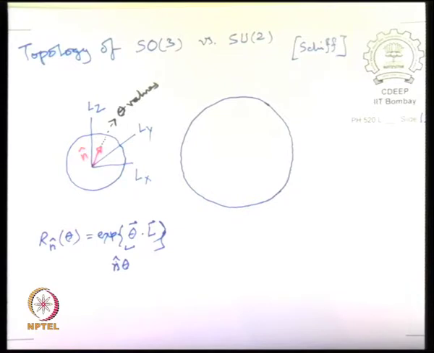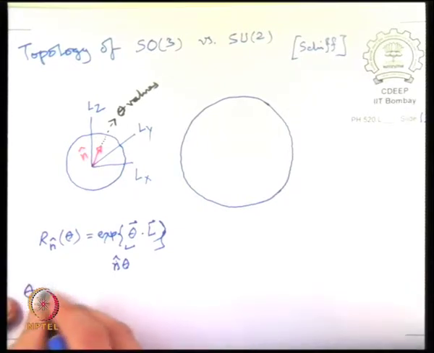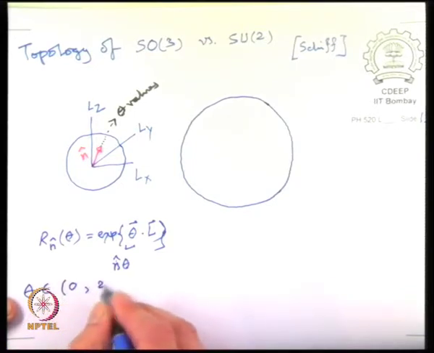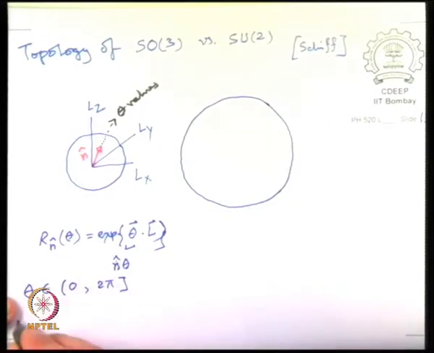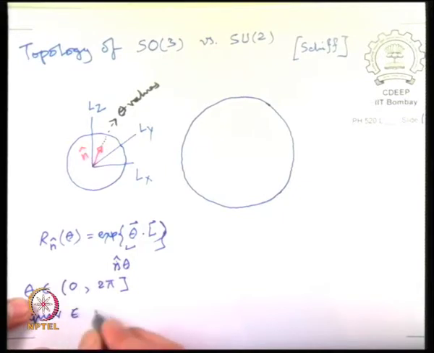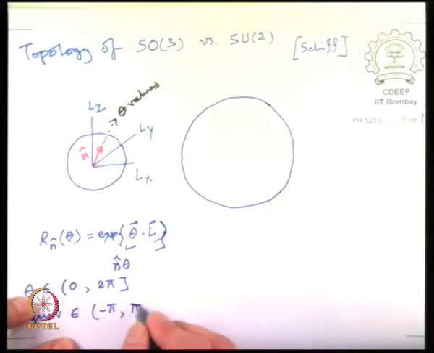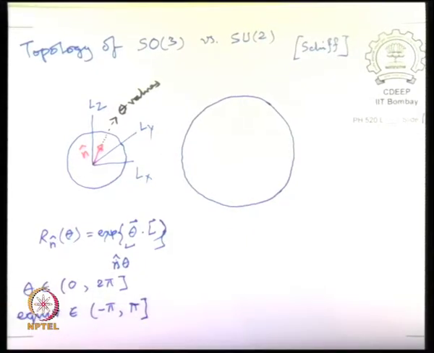So by convention, theta belongs to, let us say, 0 to 2 pi, equivalently belongs to minus pi to pi. Okay. And so that is what we do. We make a ball of radius pi.